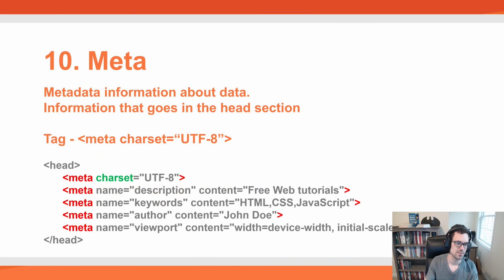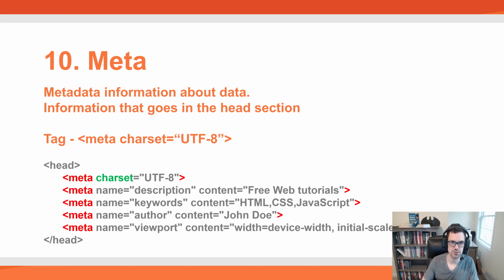Number 10, we have meta. Meta information is basically metadata, information about data. That information goes in the head section, the unseen portion. It just tells someone who might look at your code more information about your web page, and it's helpful to have.